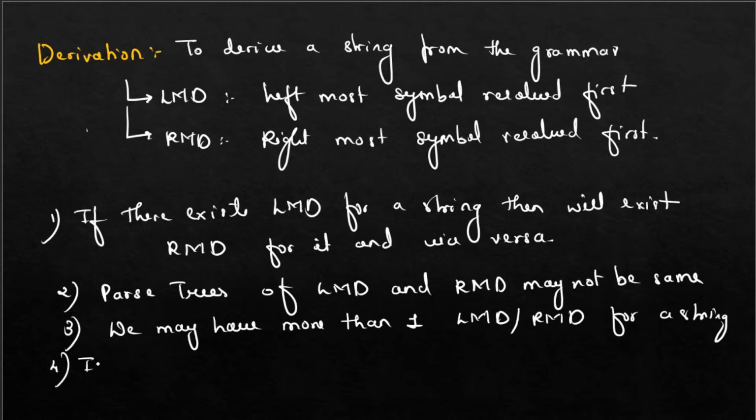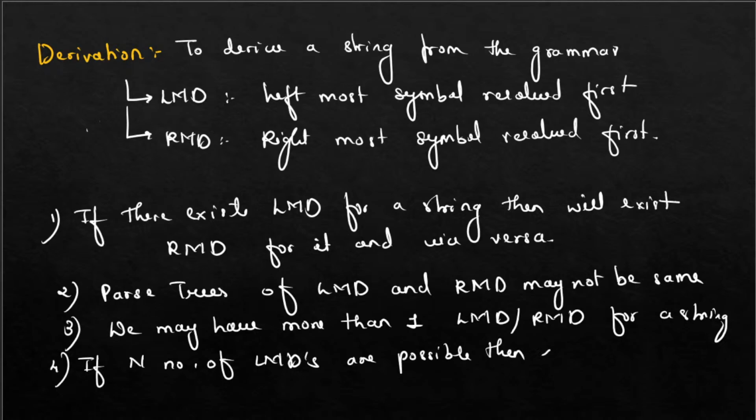Fourth, if n number of LMDs are possible, then exactly n RMDs are also possible. So this is clear.